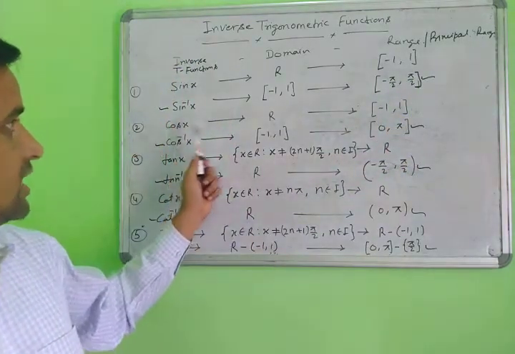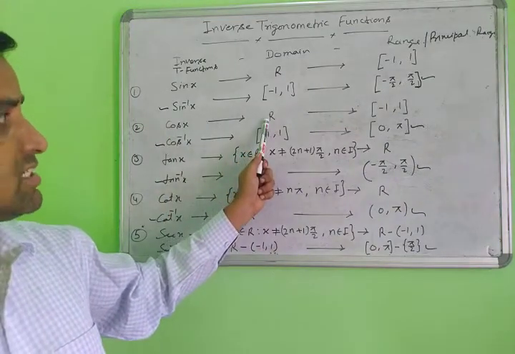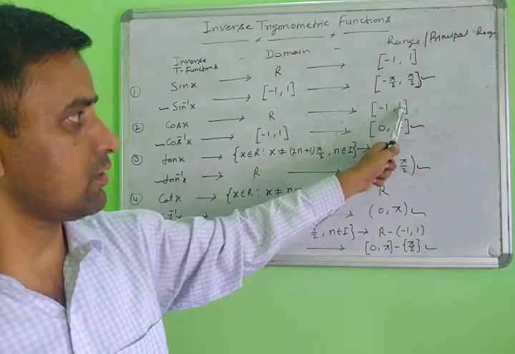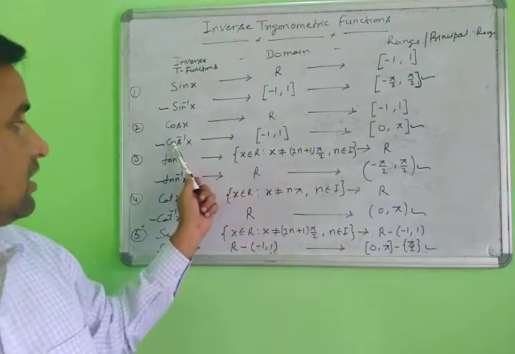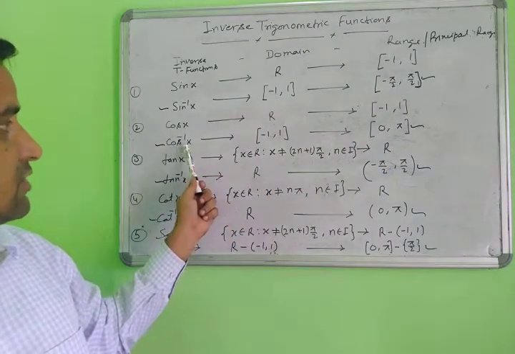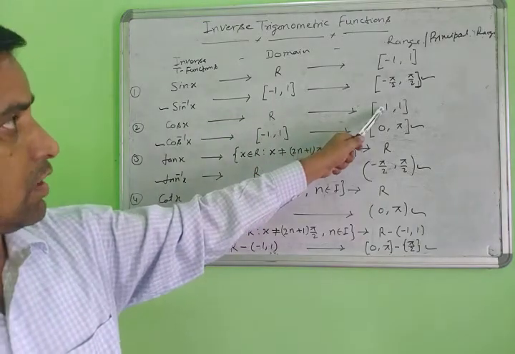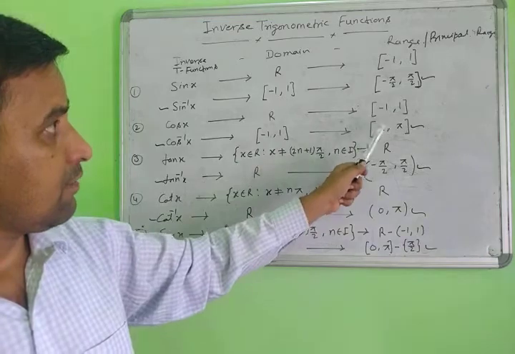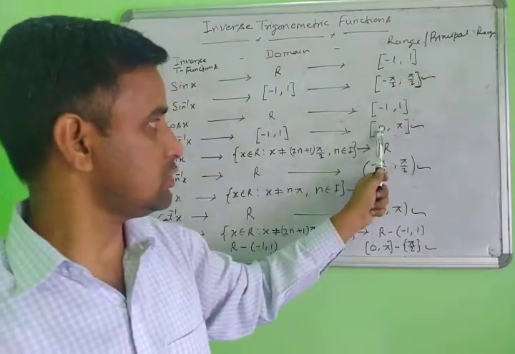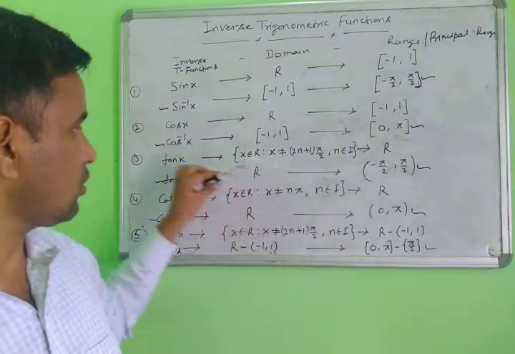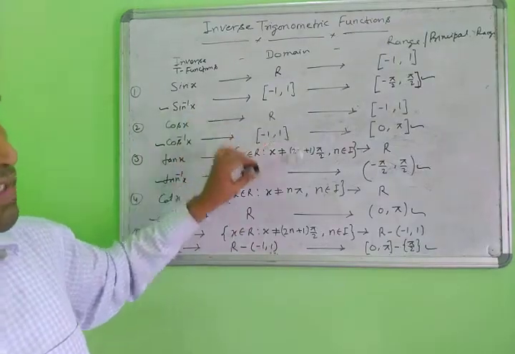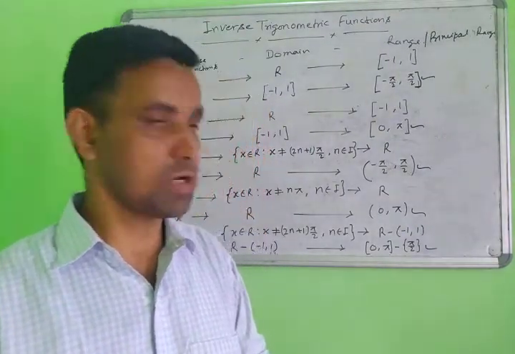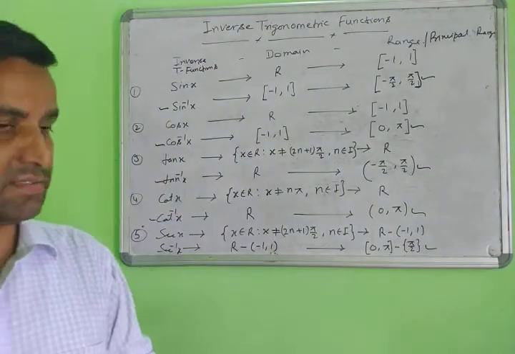Same for cos x: simple cos x has domain R and range -1 to 1 in a closed interval. But in the inverse function, this range becomes the domain, and the principal value range changes to 0 to π. So every trigonometric function has a different range and principal value range. Yes, note it down, then start the exercise.